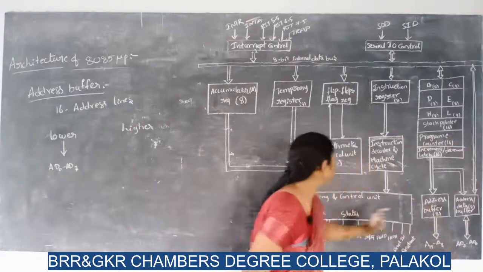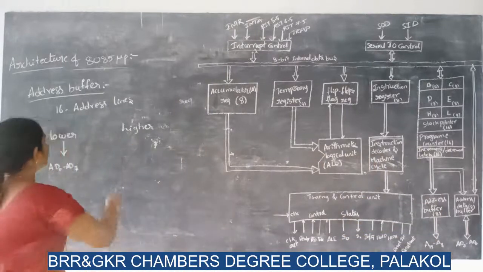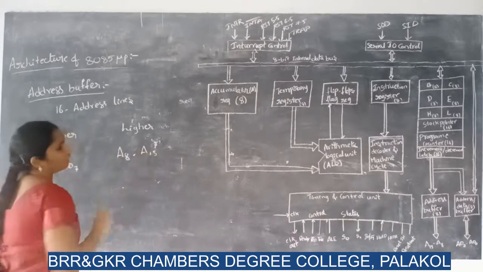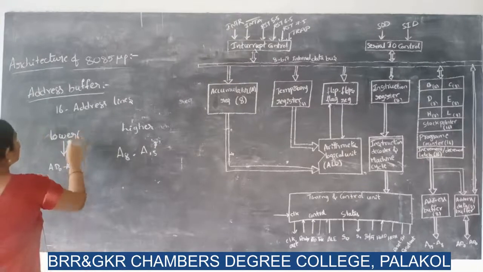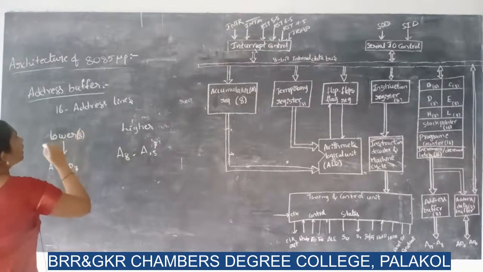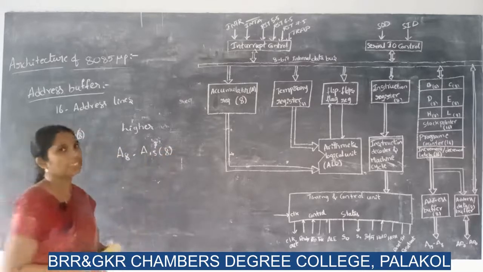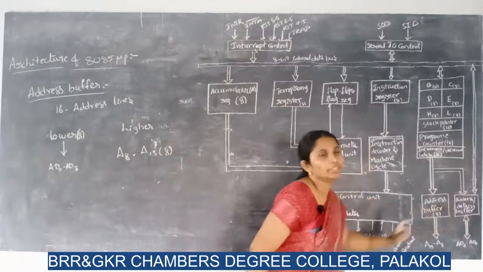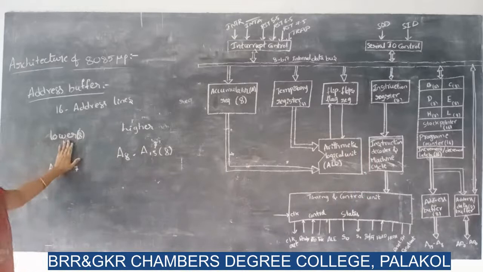The next one is the higher order address lines, A8 to A15. These are also 8-bit registers. This is the address and data buffer, and this is the address buffer.